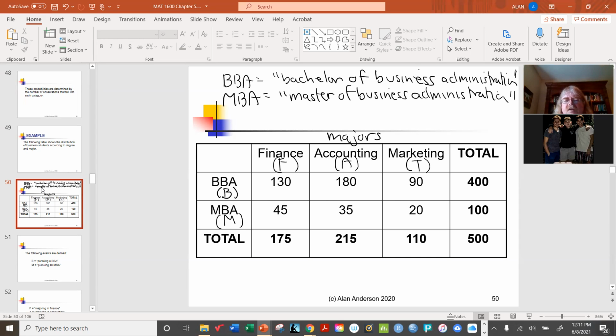Well, what you would do is you look at the row of bachelor's degree students, the column of finance majors, and you would discover that there's 130 students getting a bachelor's degree in finance. 130. There are 500 students altogether.